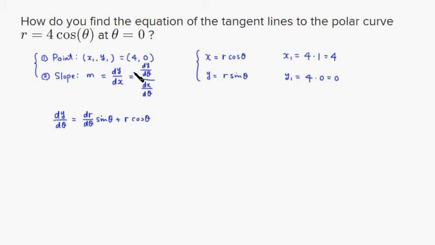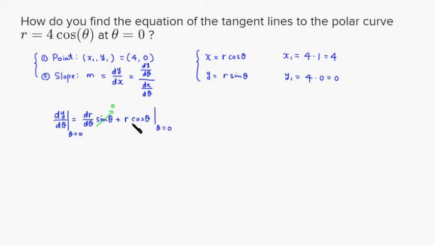Since we are looking at theta equal to 0, I'm going to evaluate this whole thing at theta equal to 0. Sine of 0 is 0, so we don't have to worry about that term.